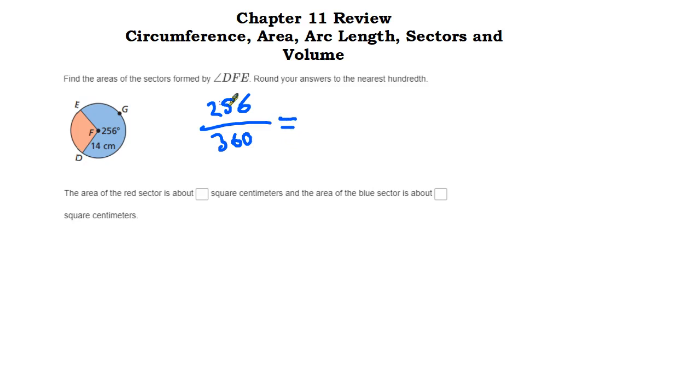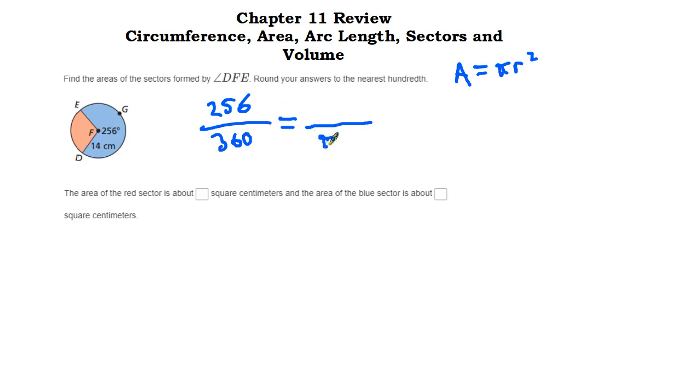And then area. So in this case, finally, I get to use this area equals pi r squared. I kept thinking I was doing area before when I was doing circumference. In this case, the radius is 14. So the area of the whole circle goes with the 360 degrees.